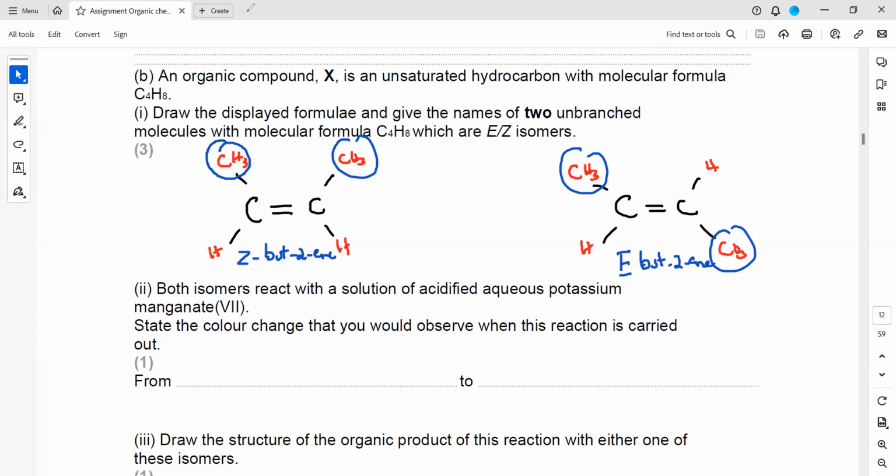Even Z-butene, I can draw the other way around, with hydrogen at the top and CH3 at the bottom. That is also Z-butene. It does not make a difference, the idea is that when we compare the heavy groups, if they are on the same side, it will be Z. If heavy groups are on the opposite side, it will be trans or E.